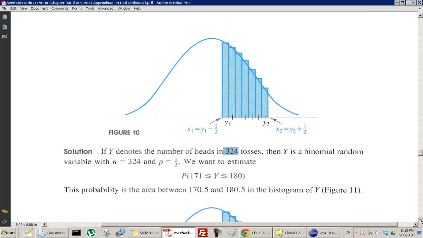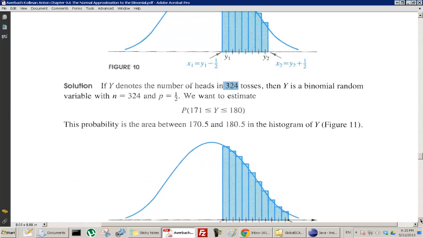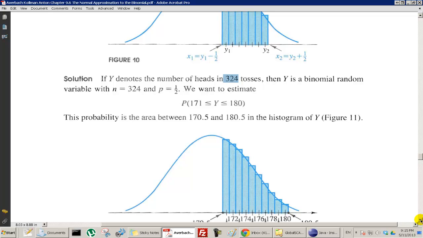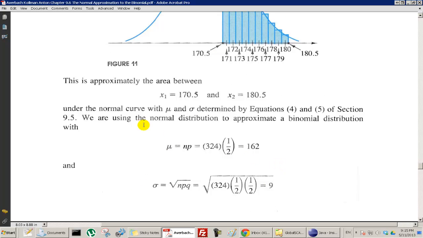This probability is the area between 170.5 and 180.5 in the histogram of y. Now the histogram of y is going to be very close to the normal in this case. This is approximately the area between this and this under the normal curve.